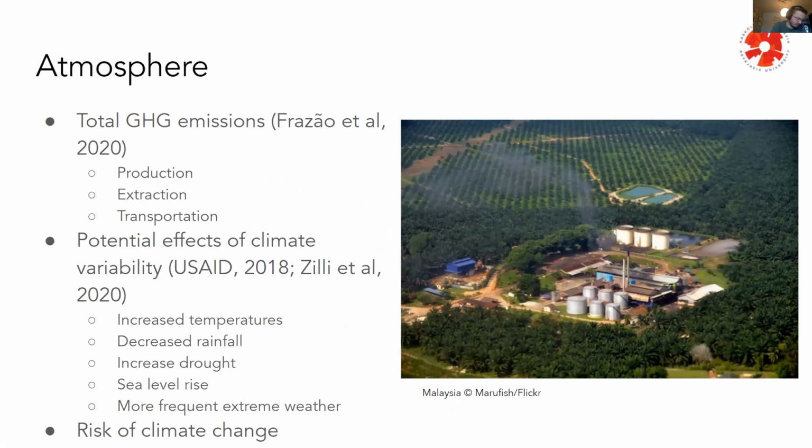Okay, so Gladys with the atmosphere, we're going to talk about the total greenhouse gas emissions, everything from the production, extraction and transportation parts, and how that affects the atmosphere and climate variability.